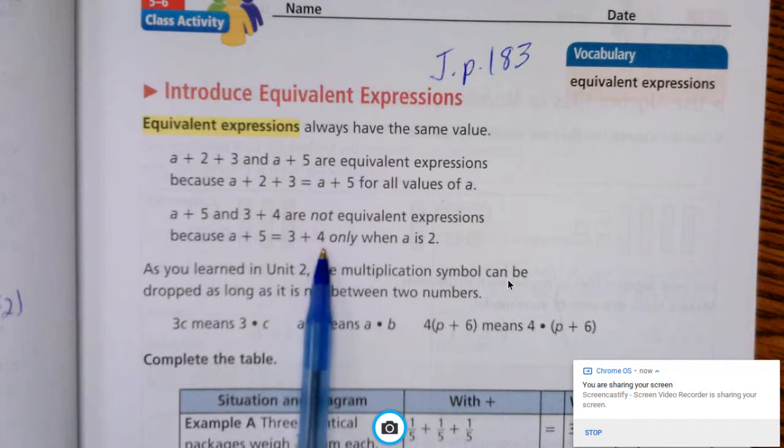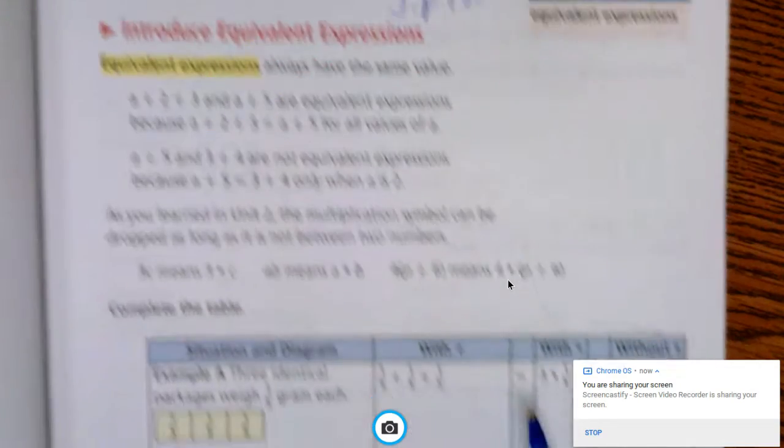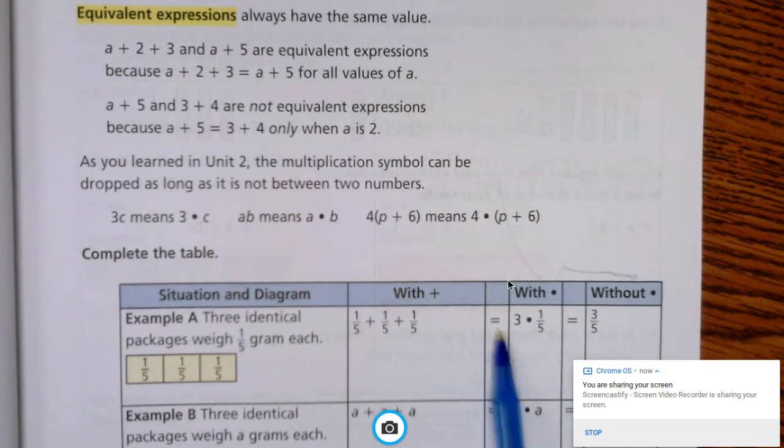So we like to say that we could write equal signs between equivalent expressions. Right down here in the chart table, you're going to see that we can use equal signs between equivalent expressions because they are equal for all values of the variable.